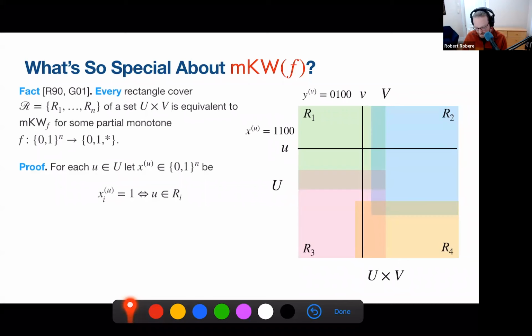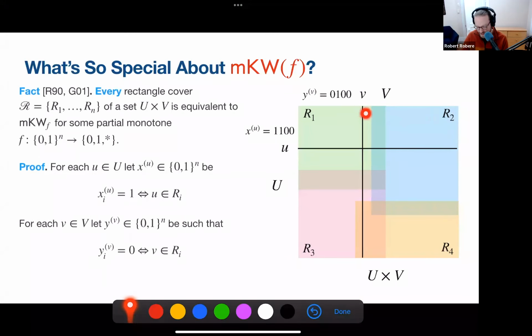For every input U, I'll just write down the list of rectangles that U lies in. In this case, it will be 1, 1, 0, 0, because this U hits rectangle 1 and rectangle 2, but it misses 3 and 4. Similarly, for each V, I'll write down not the set of rectangles it hits, but the set of rectangles it misses.